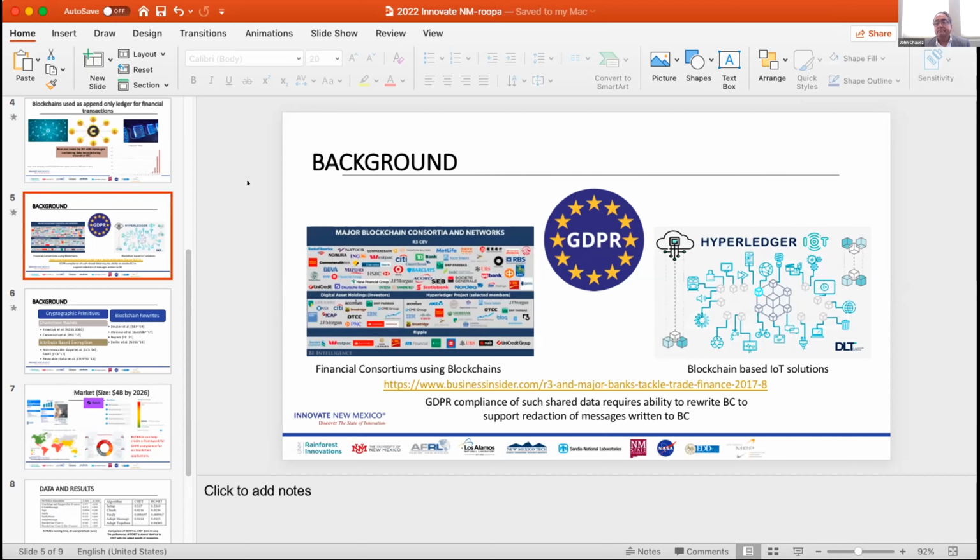Okay, the problem is we basically have a group of untrusting parties, which automatically rules out things like one person having a centralized database where they store everyone's data. If we take this bank example, we have a consortium of banks, and nobody trusts each other. And since there's no centralized database, the only place where they can store all their transaction data, even if it's a permissioned blockchain, is on a blockchain.